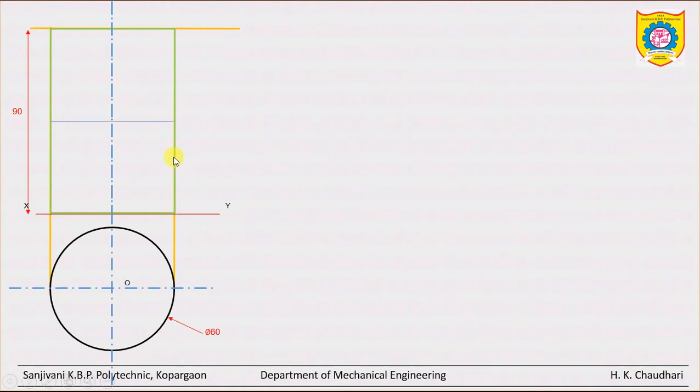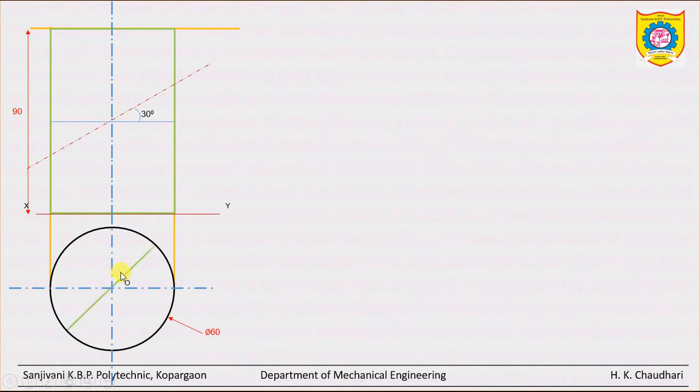Now take the midpoint of this axis, which is at half of this height, 45 mm. Now draw the cutting section line, which is inclined at 30 degrees to the base of the cylinder.